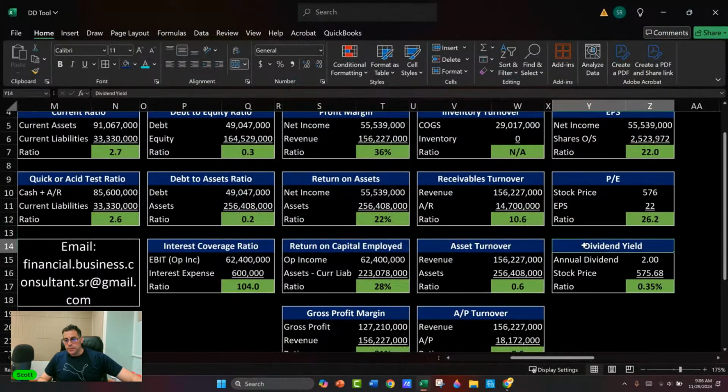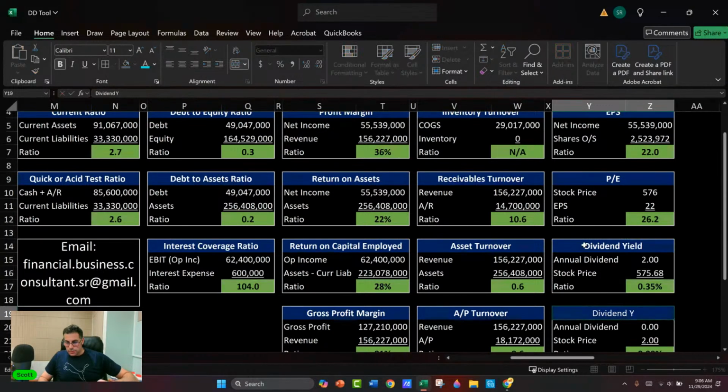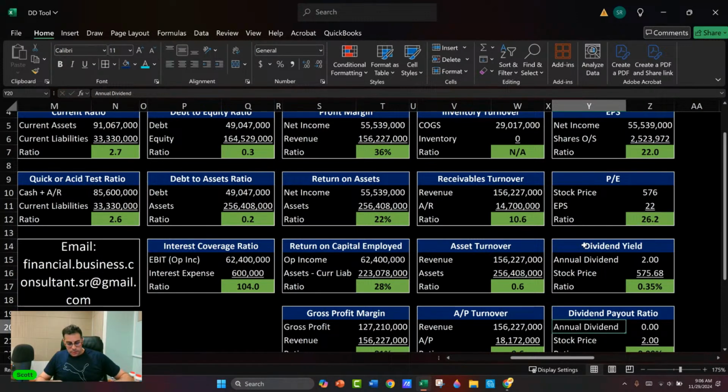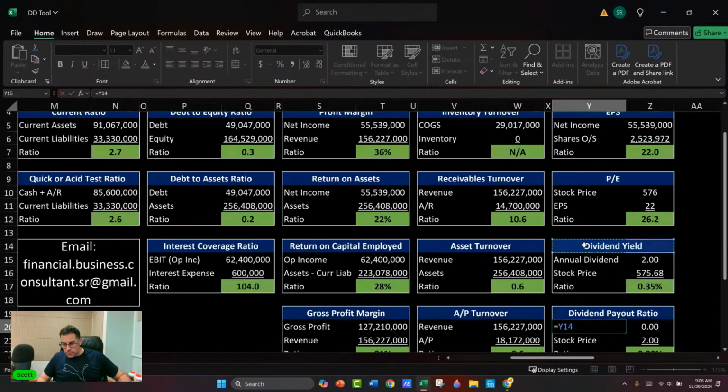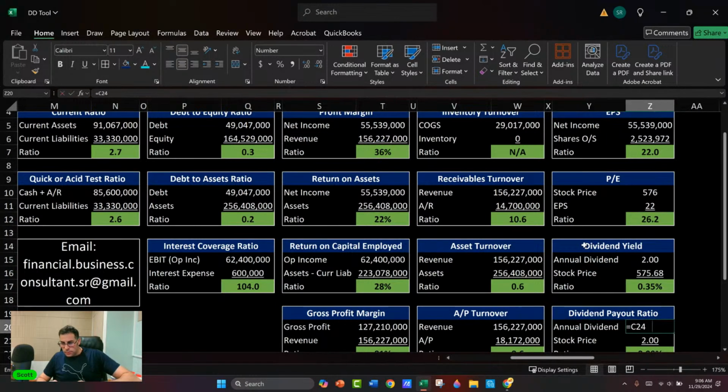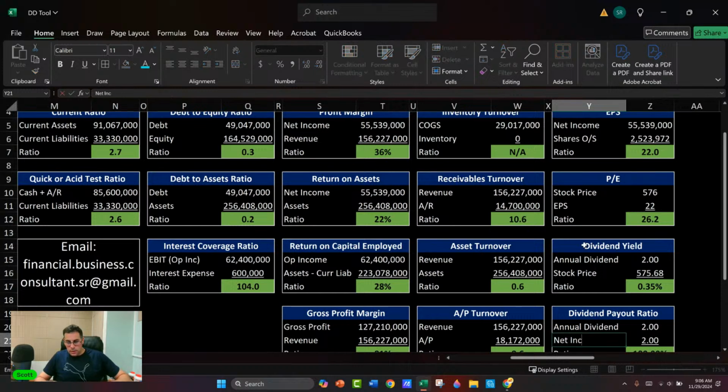That's a good one. Dividend over net income.